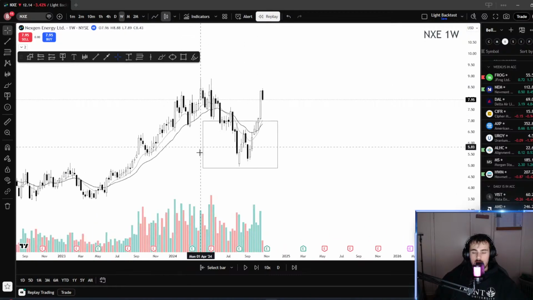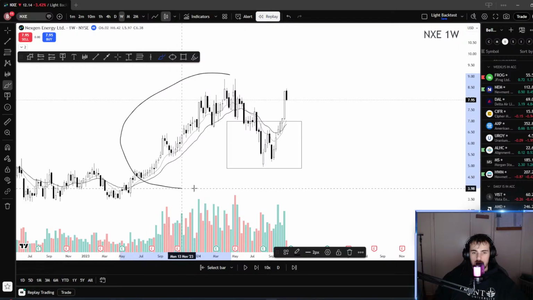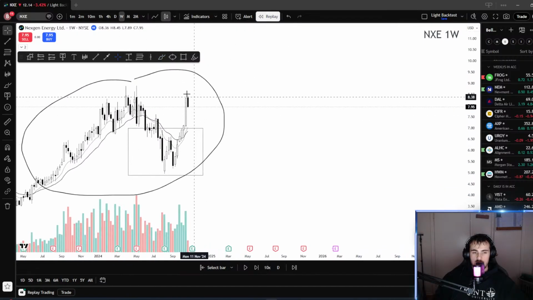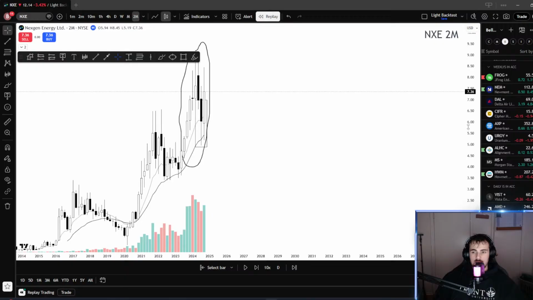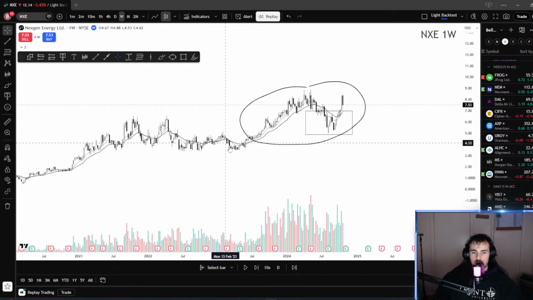And when I say that's how markets move, if you just look at this picture, I'll move my screen over to the left. This is what a higher time frame pullback looks like on a lower time frame. See? It's the same action on the 2-month, but inside of this circle I've drawn here, you get to see the internal structure.